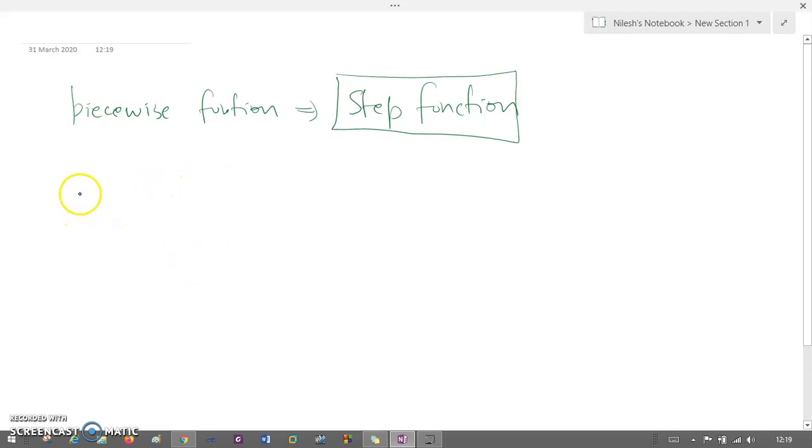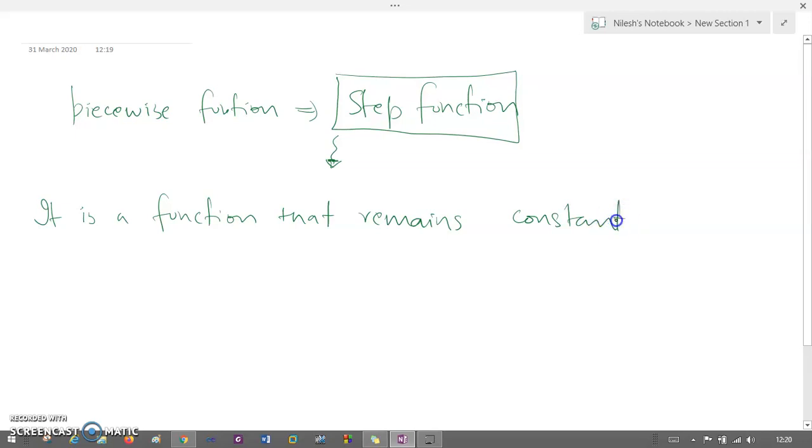So what is this step function? A step function is a function that remains constant for an interval.